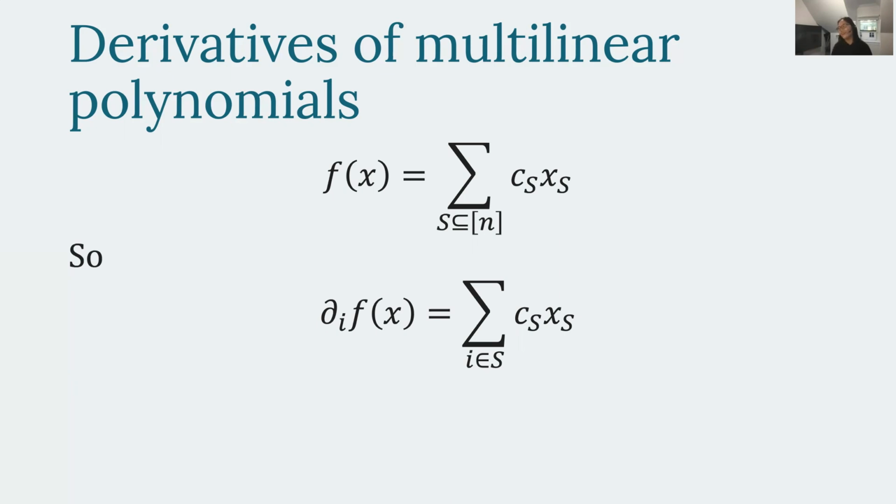Wait, sorry, that should be x to the set minus i, because you took a derivative of the polynomial. But the main point is that if you then substitute in 0, the derivative of f at 0 is exactly equal to the coefficient of the term.